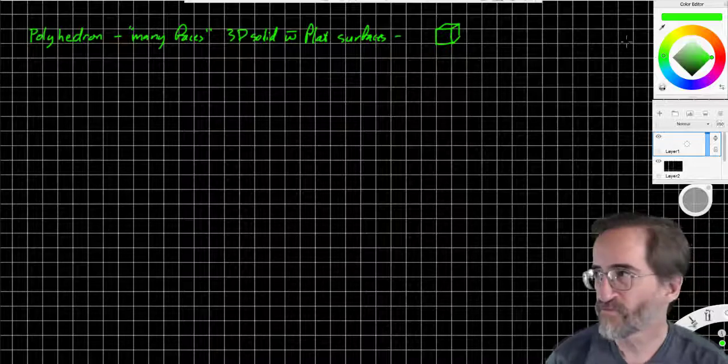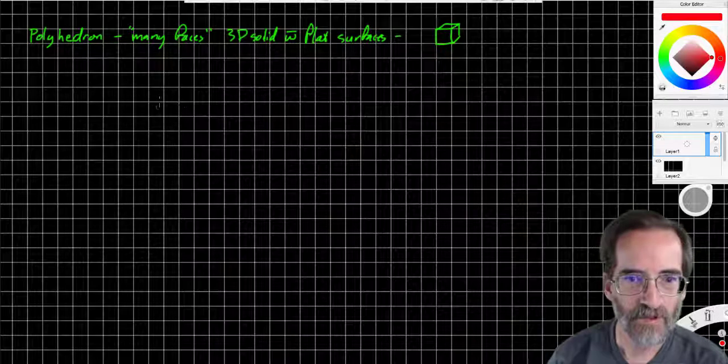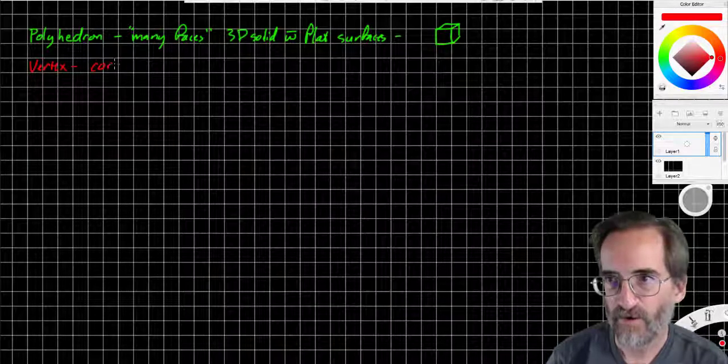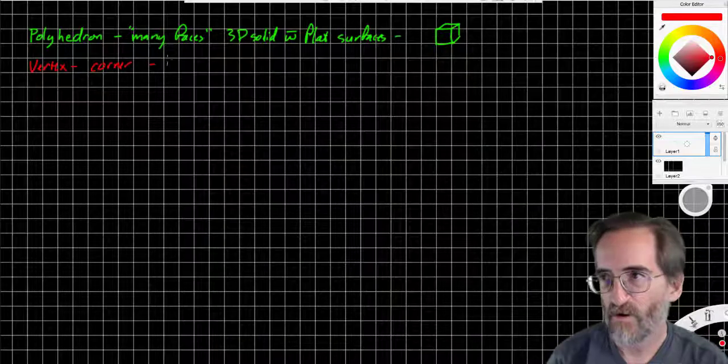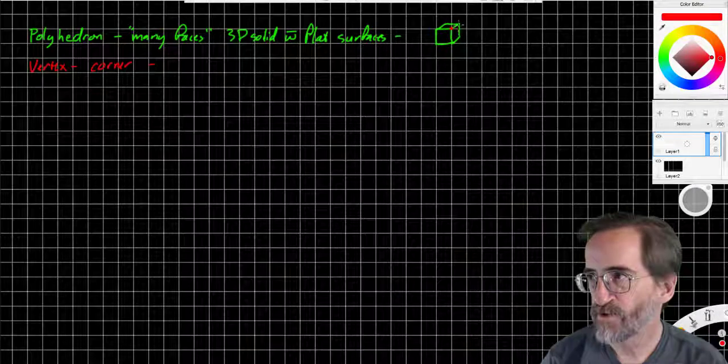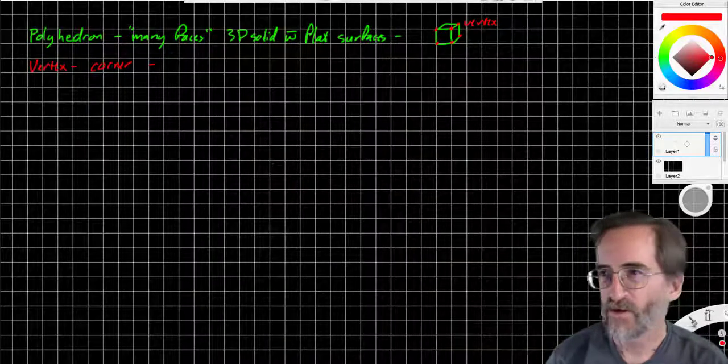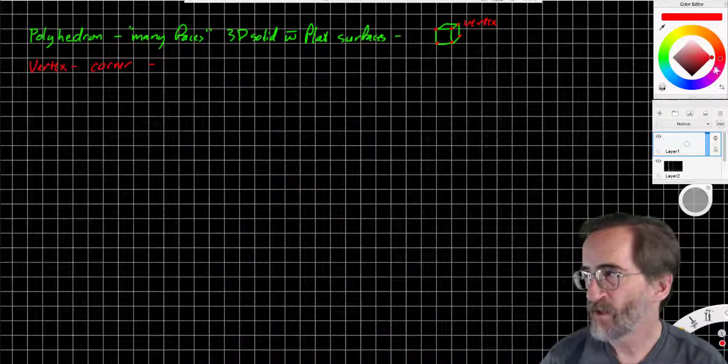Okay. Next word, vertex. Corner. The polyhedron here has 6 vertices, plural of vertex. Okay.